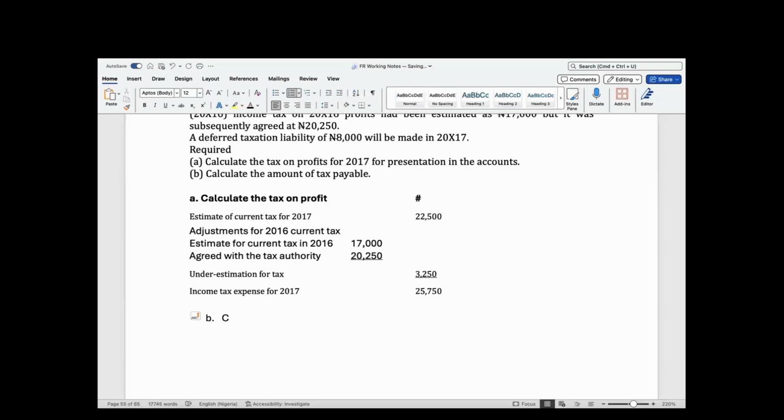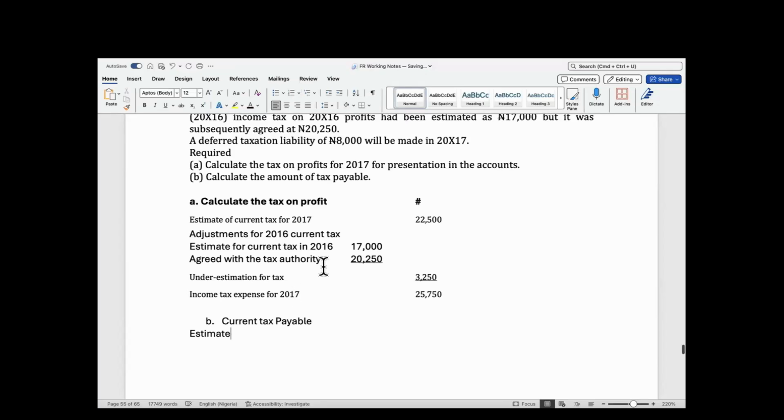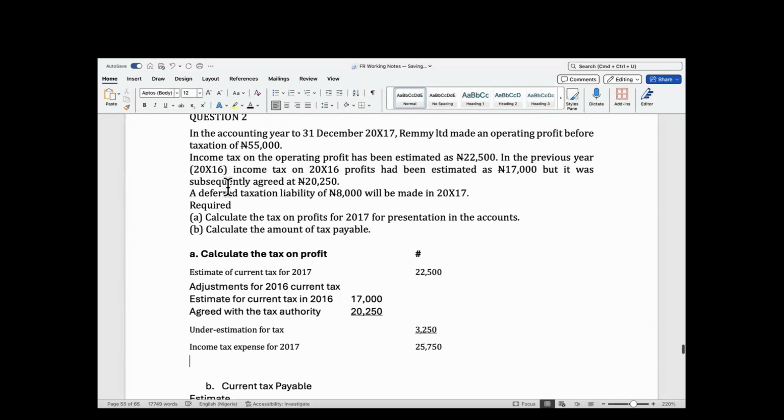However, the current tax payable will be the estimate of current tax. No, that's not all. I forgot that they gave us a deferred tax liability here of 8,000. So when there is a deferred tax liability, there will be an expense leg.